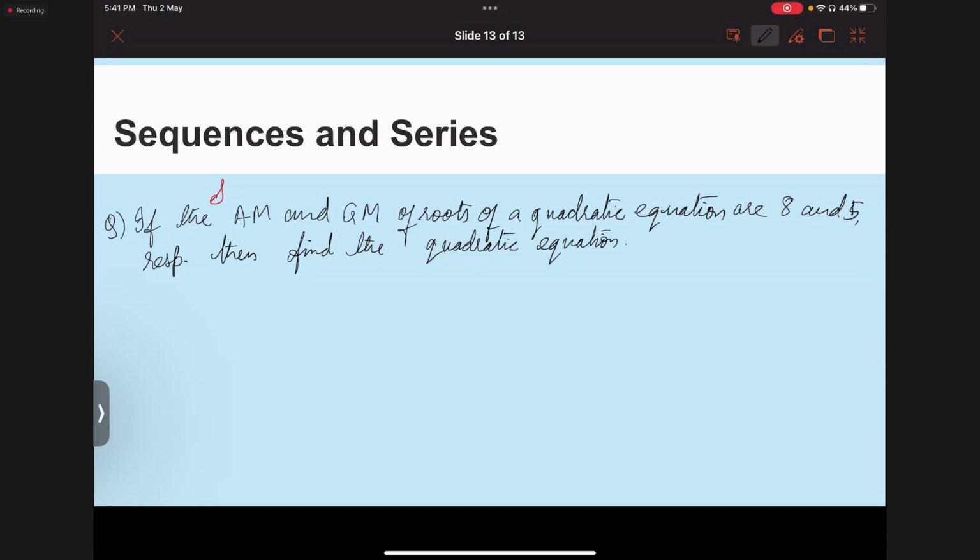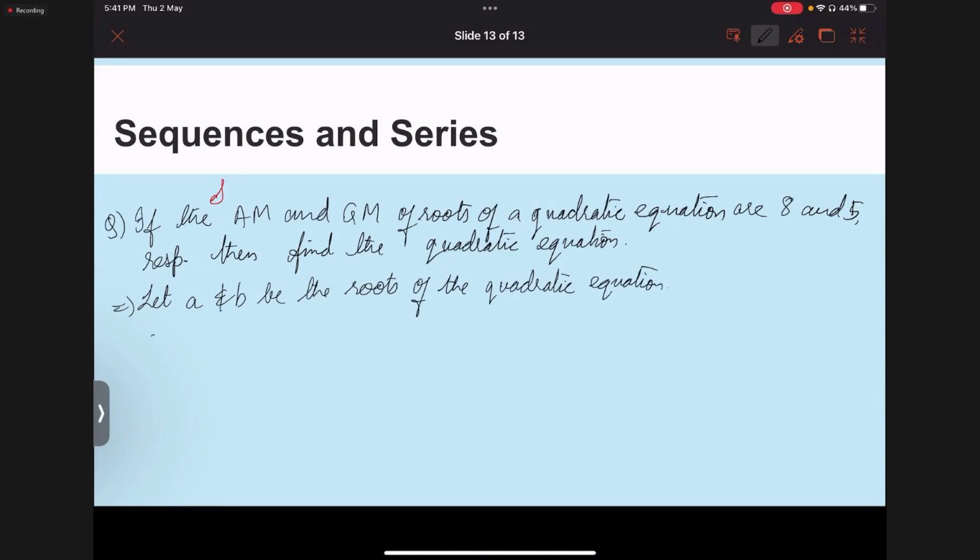But now we are already given the values. So let's start with, let a and b be the roots of the quadratic equation.